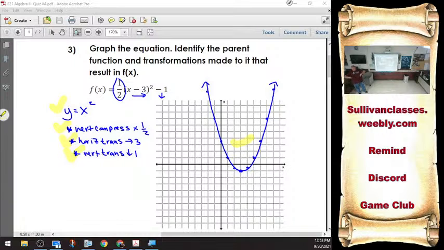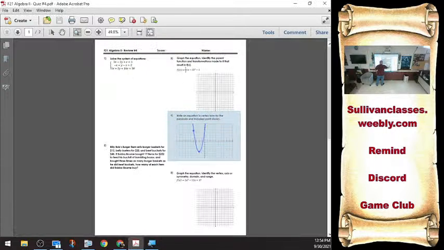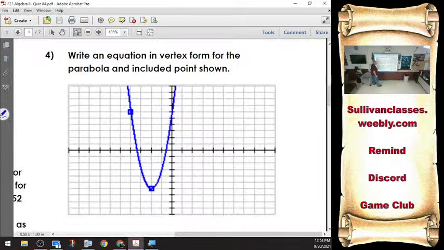Because then you can see the curvature of it. All right. Then we did number 4. We also did this backwards. If I have a point right here on the graph, this is just the vertex, okay? I'm just making sure you know exactly where it is.